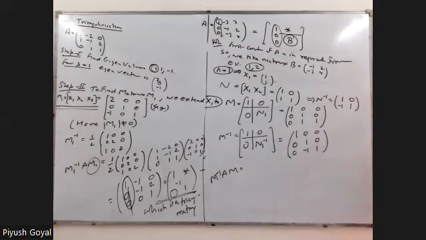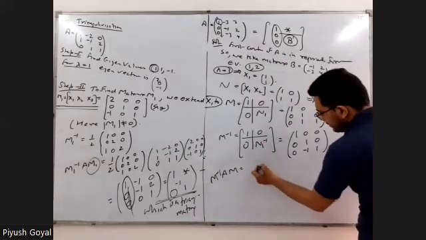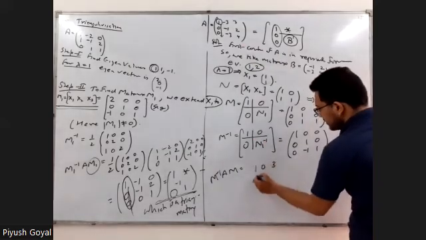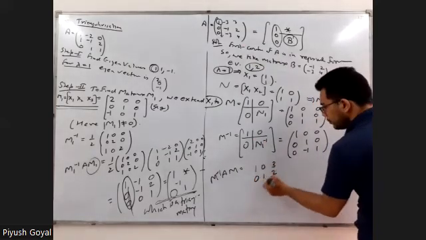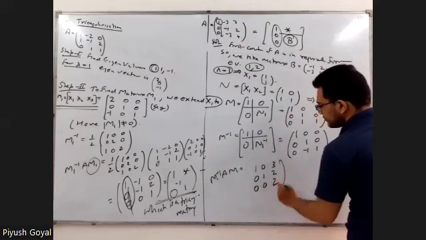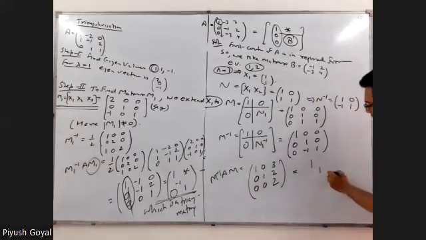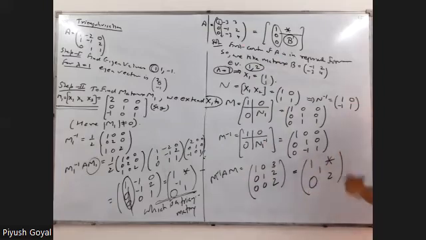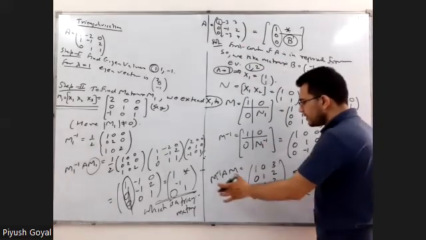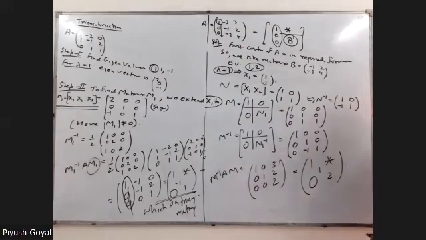When you multiply, this matrix will come out to be 1 0 3 0 1 2 0 0 2 in this way. So you say this is 1 1 2, this is 0, this is star. Okay, so obviously this is a triangular matrix.